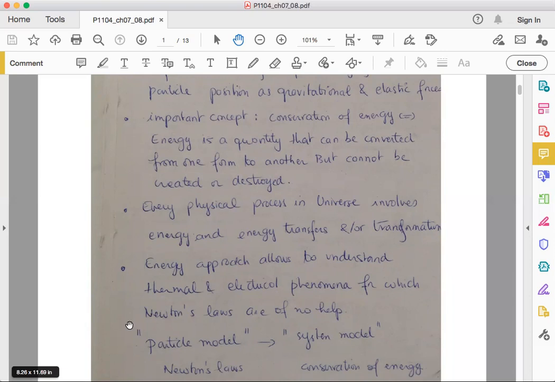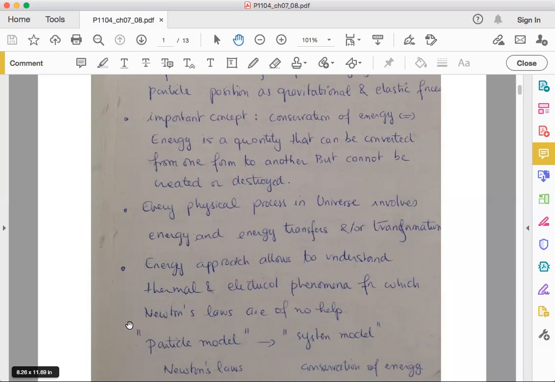In other words, we're going to divide the universe into two parts. It's like there is an imaginary surface that divides the universe into the system and the environment.